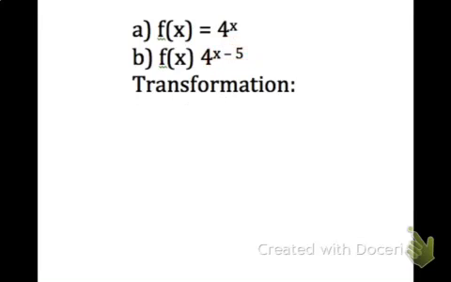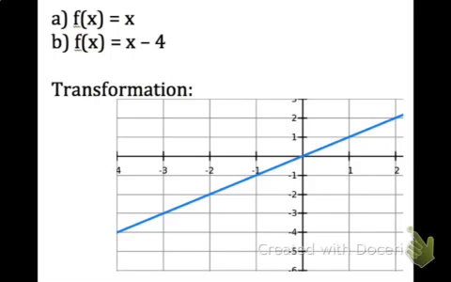For the last one, for the horizontal, we have a linear. Linears are kind of weird because they're both horizontal and vertical. But since we're talking about horizontal, we can look at it from that standpoint. So our parent graph was f of x is equal to x.